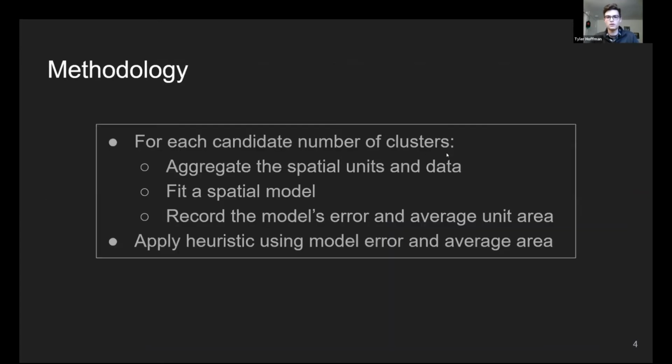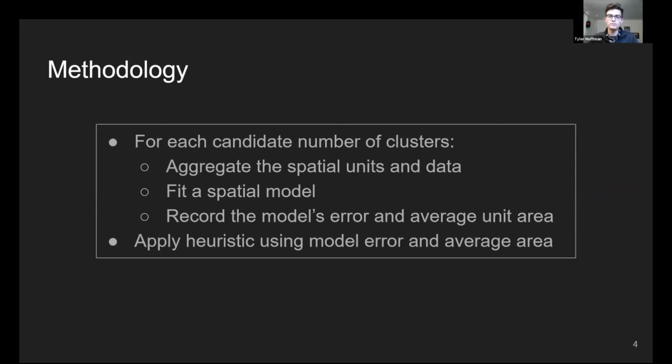So enter our methodology. It's a simple for-loop optimization process. We set down a number of candidate clusterings for whatever problem we're considering, aggregate the spatial units and data, fit a spatial model to these units, record the error and average unit area, and then apply a heuristic that we've developed using the model error and average area.